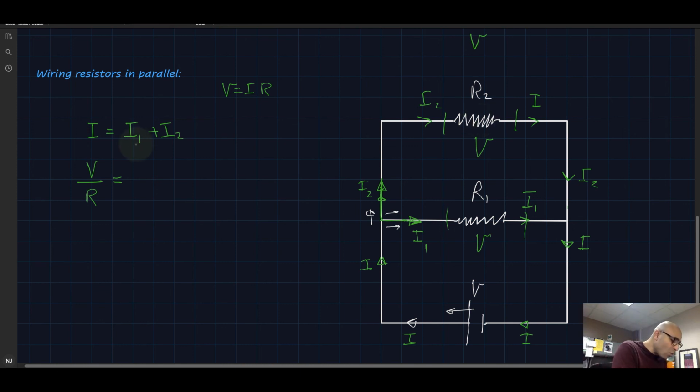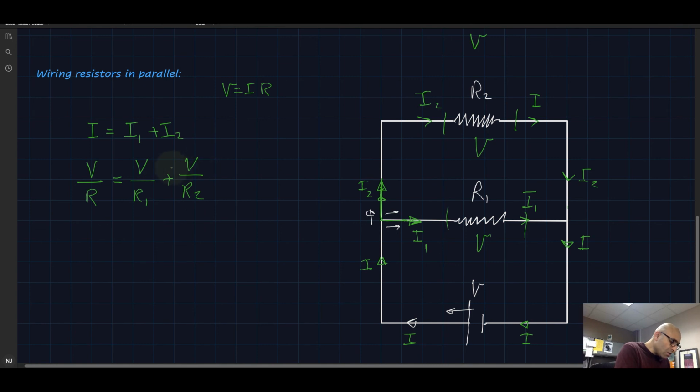So I1 is going to be equal to V across that resistor divided by R1, plus I2, which is going to be equal to V divided by R2.